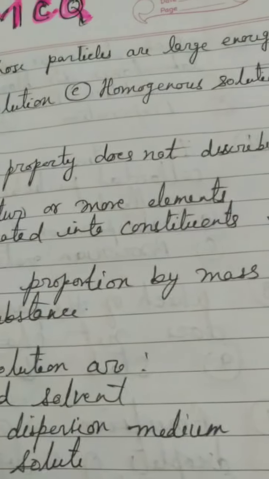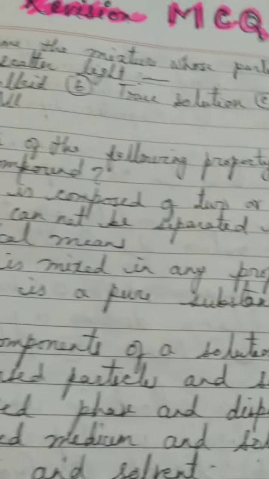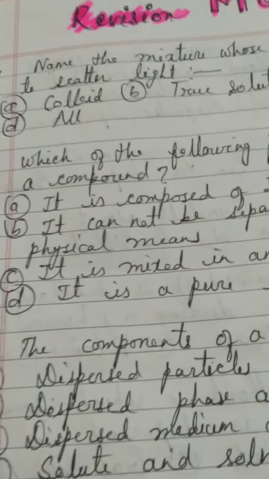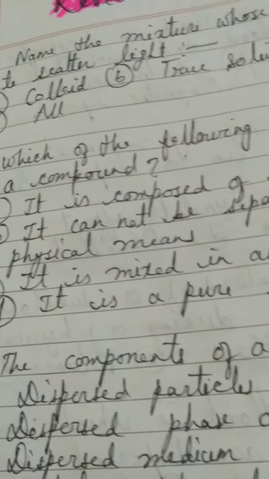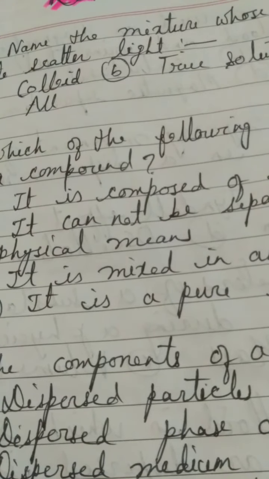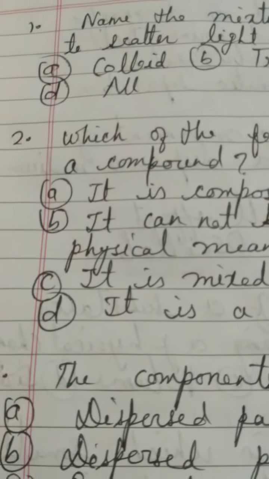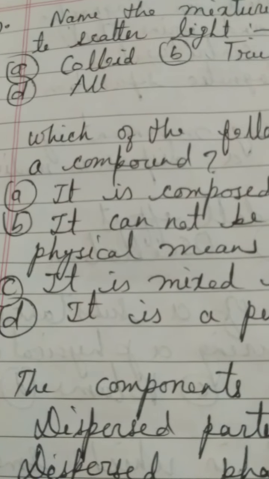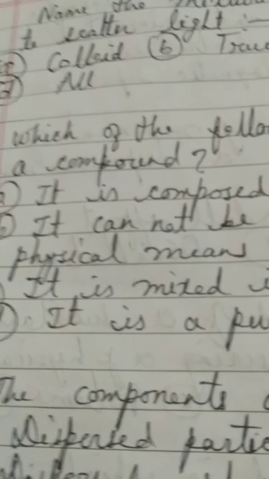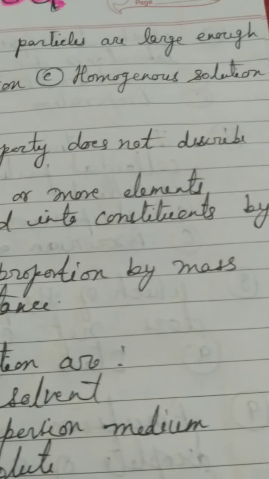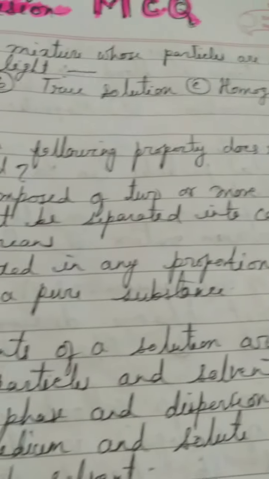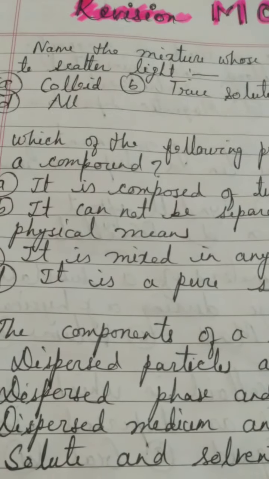Question 2. Which of the following properties does not describe a compound? If you remember the law of constant proportion, answering will be easier for you. But just go through the options. Option A. It is composed of 2 or more elements. I think it's absolutely right. A compound always has more than one element.